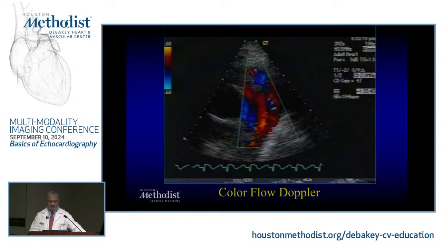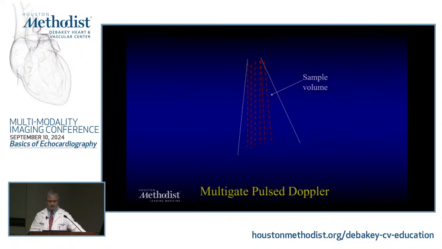What's color Doppler? Well, color Doppler is a modification of pulse technology. It's multi-gating. These are multiple sample volumes, but because of complexity, you can't use the fast Fourier transform analysis. You use an autocorrelation or just an approximation of what the mean velocity is, right?